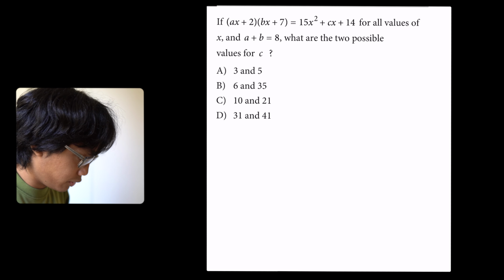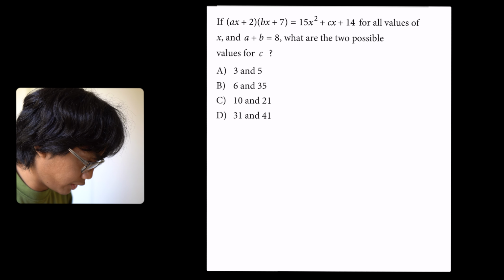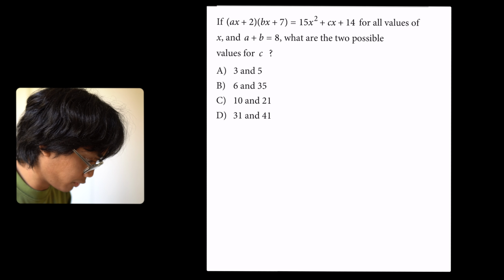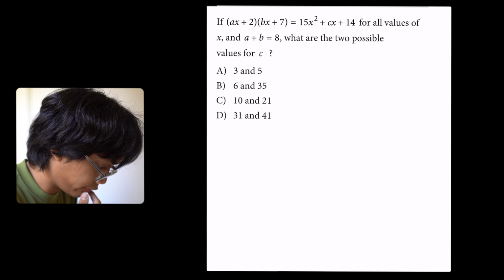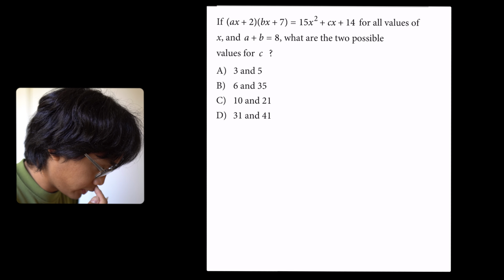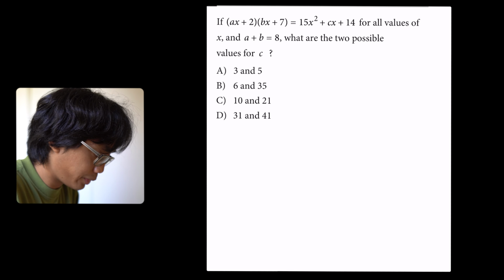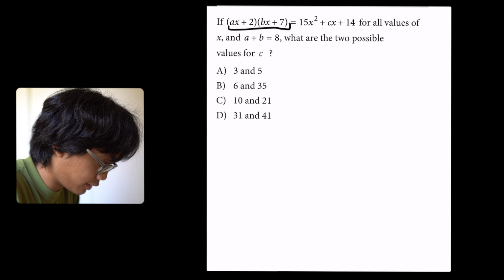15. If ax plus 2 times bx plus 7 equals 15x squared plus cx plus 14 for all values of x, and a plus b equals 8, what are the two possible values for c? If we want to find values for c, we can start by expanding this out. You're just going to FOIL this, where you multiply it out.